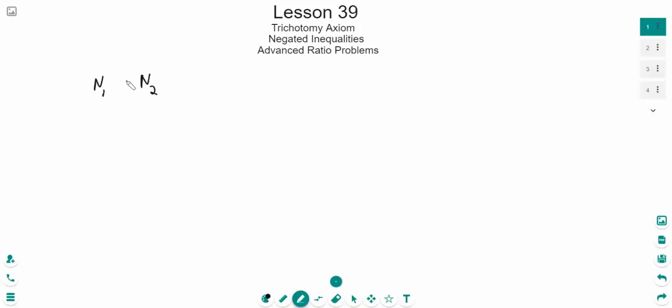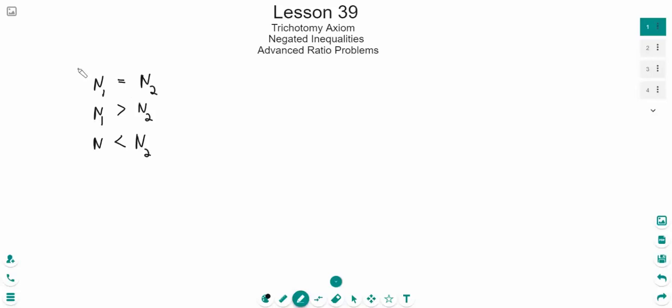We might say that n1 is equal to n2. That's one possibility. We might say that n1 is greater than n2. That's another possibility. And then finally, n1 may be smaller than n2. These are the only three possibilities between any two numbers that you might select.